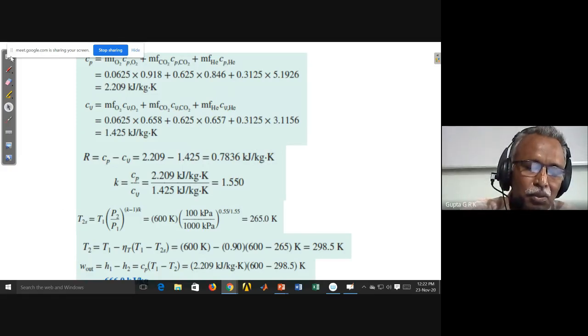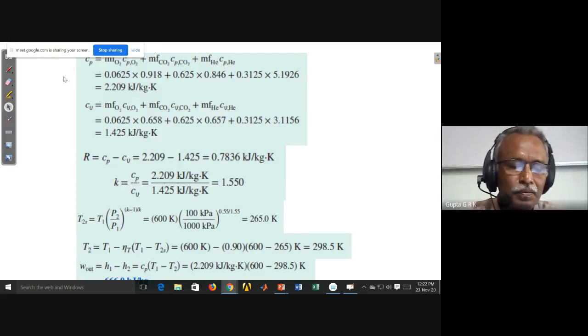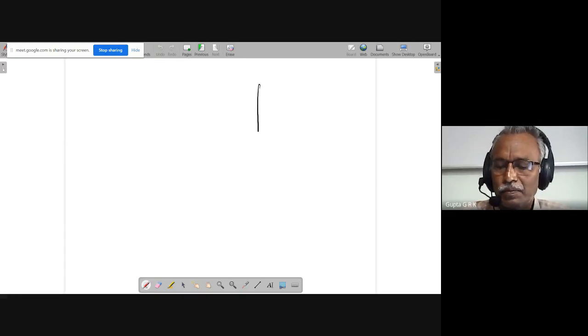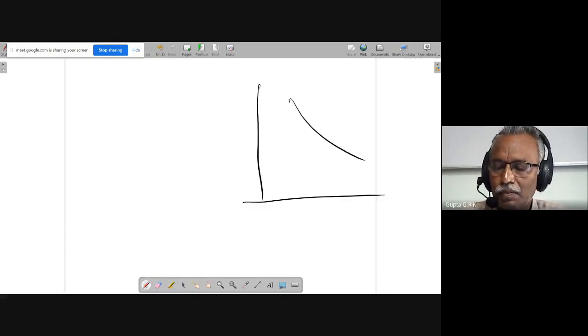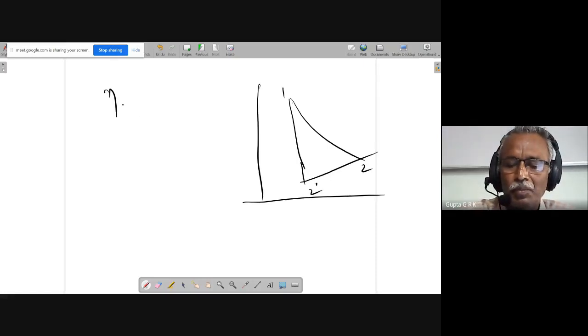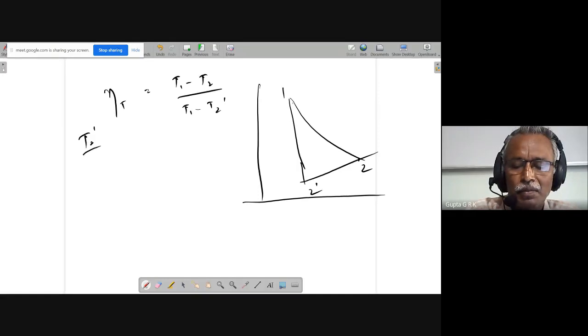So this is actually isentropic temperature, and using efficiency, I have to find out the actual temperature. So efficiency of the turbine is T1 minus T2 by T1 minus T2 dash. Okay, so actually I want to find out T2. So T2 dash by T1 is P2 by P1 to the power of gamma minus 1 by gamma.